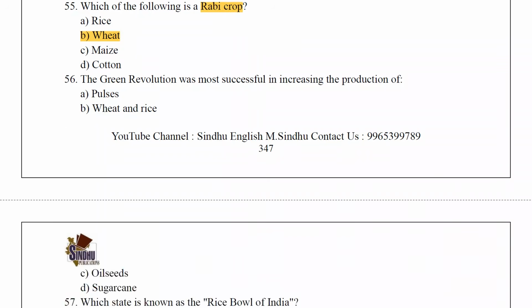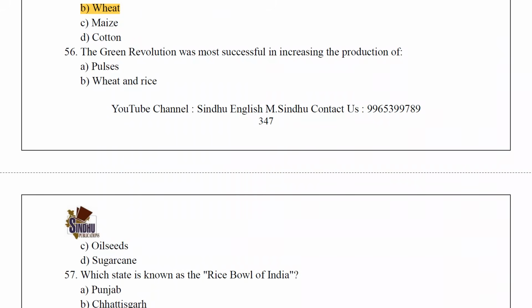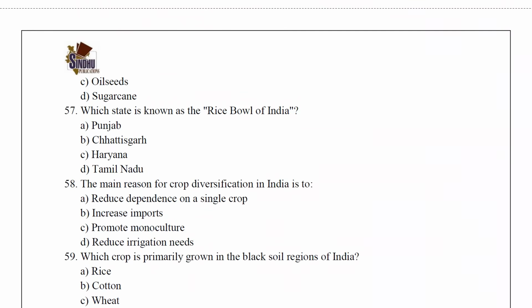The Green Revolution was most successful in increasing the production of wheat and rice. Which state is known as the rice bowl of India? Chhattisgarh.